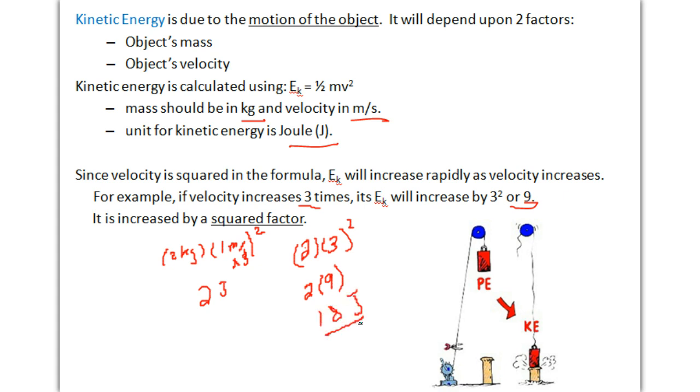The energy now changes to 18 joules as compared to having 2 joules. 18 divided by 2, it went up by 9 times. The reason being is that it's being squared. So we will call that a square factor.